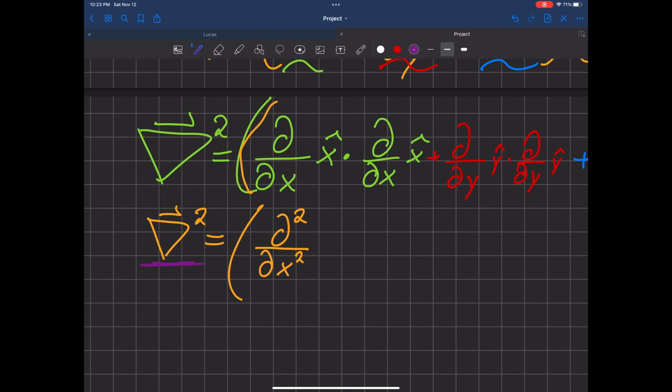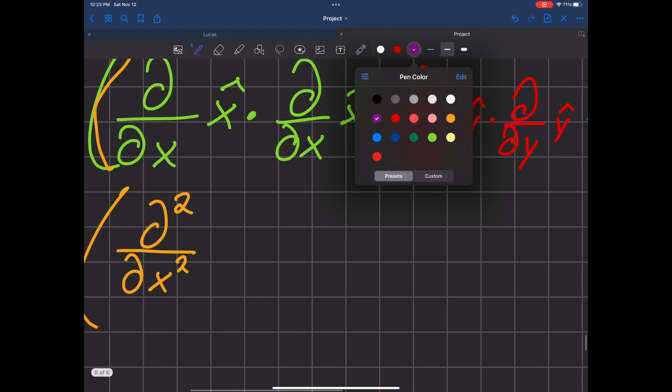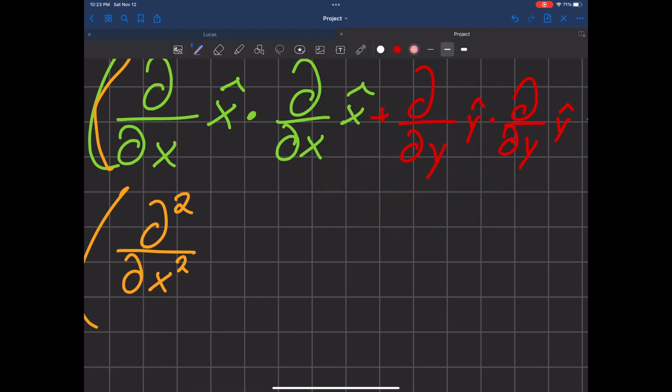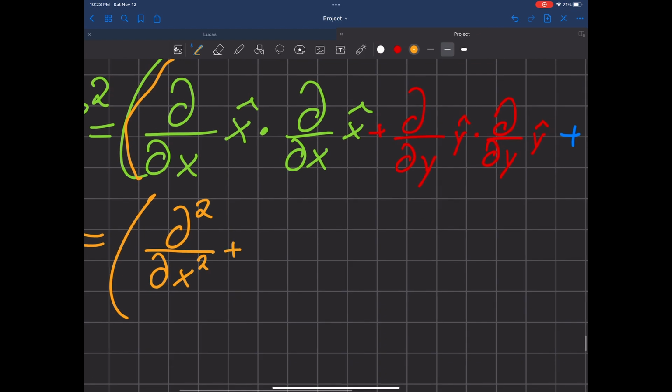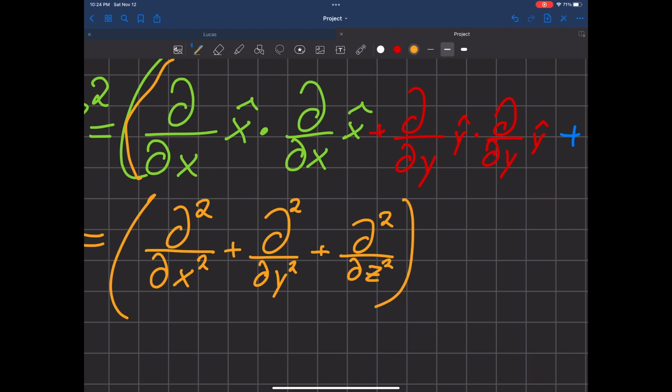It's just a measure of the whole system, basically, or whatever type of space you're looking at. Okay, so just want to make that extra clear. All right, plus del squared per del y squared plus partial squared per partial z squared. Great, easy.